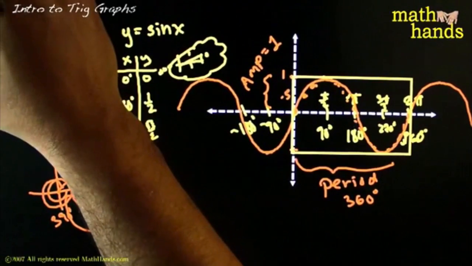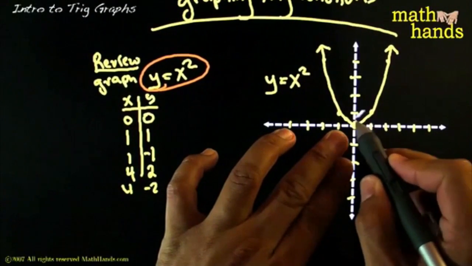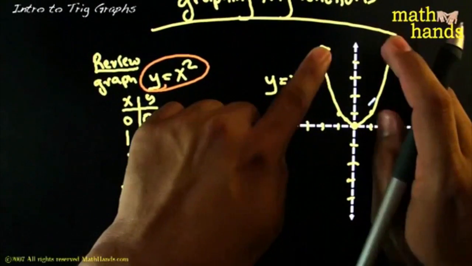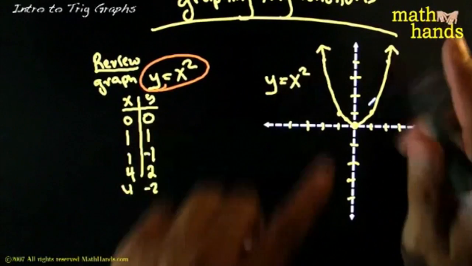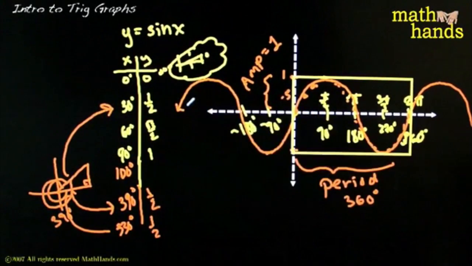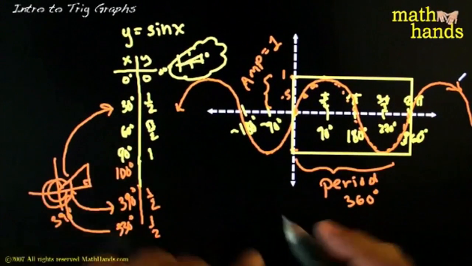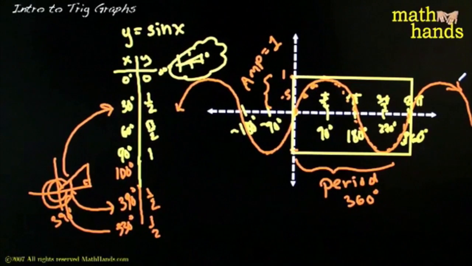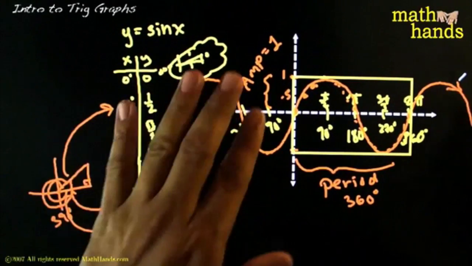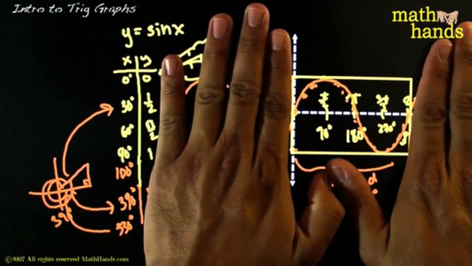Just as, a little different, but in a similar way, when we graph this parabola, it's understood that it goes on forever. Back here I put these arrows just to be consistent. I really should have put the arrows here to indicate that these go on for a long time. Sometimes I forget to put the arrows here. And in fact, it's more common that people just draw a period like that.